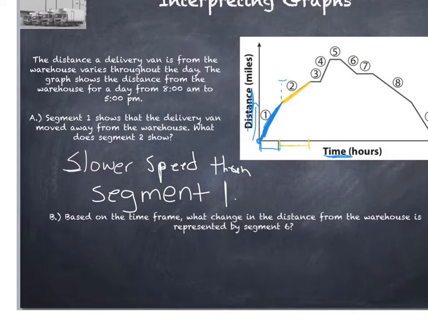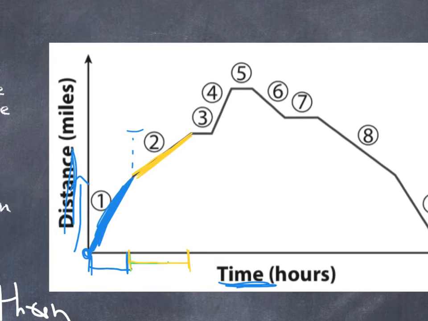All right, let's go on to B. Based on the time frame, what change in the distance from the warehouse is represented by segment 6? If you look at segment 6, I'll do that in green. It looks like we still have a certain amount of time that has passed, and we're still moving, but in the opposite direction.